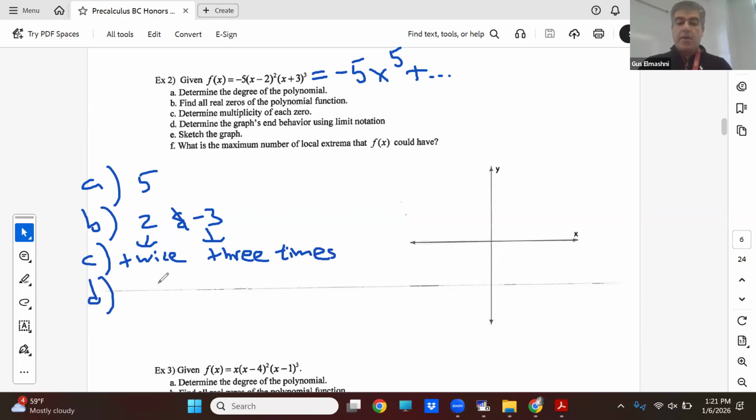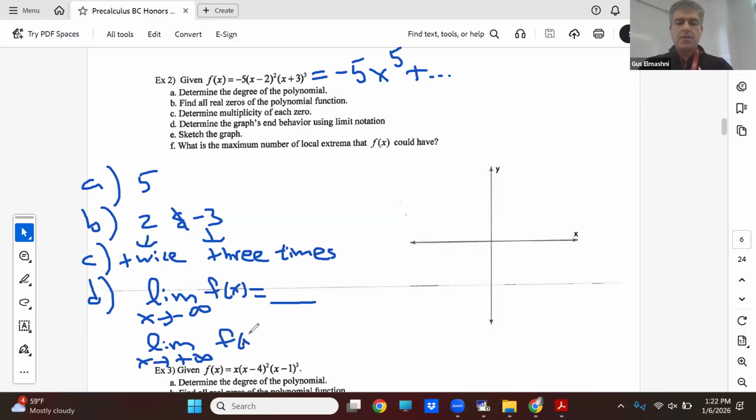Okay, the end behavior. We're going to write it like this. We're going to get in the habit of writing limits here. Okay.